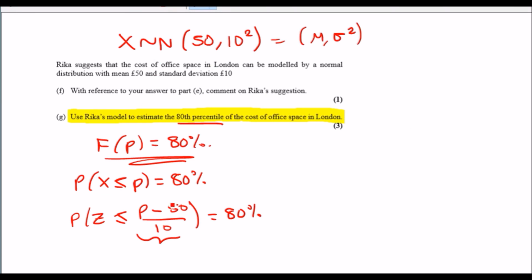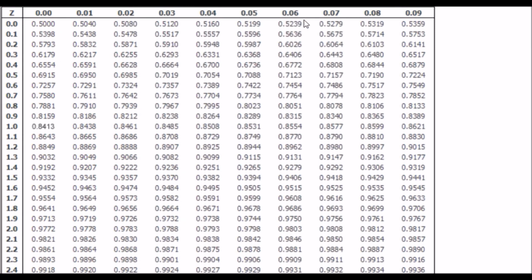So let's have a look at the Z table and find the 80% mark. According to this table, we need to find 0.800, or the closest. The closest one I can see is around here. You won't find it exactly, but it's super close. This seems to be the closest value, 0.7995, and that corresponds to a Z value of 0.84.